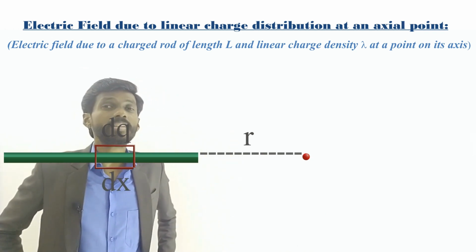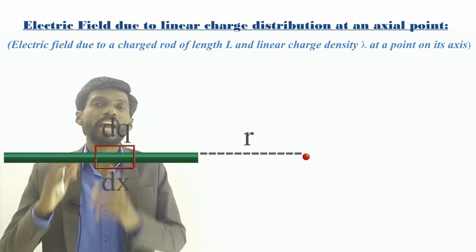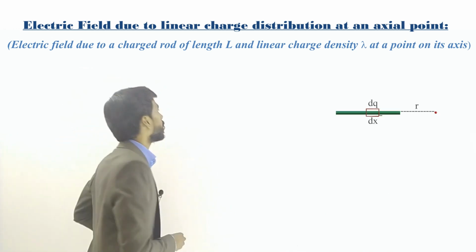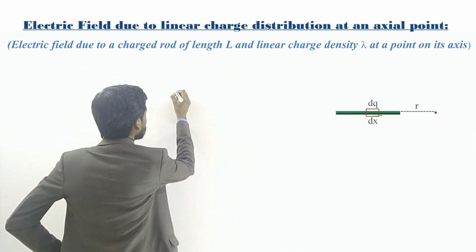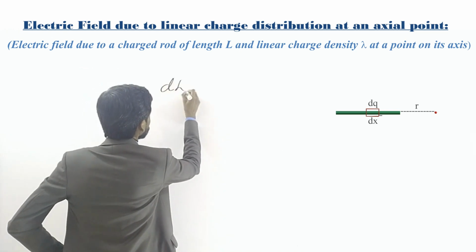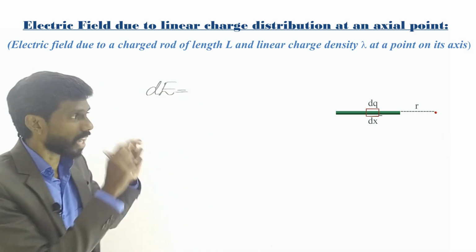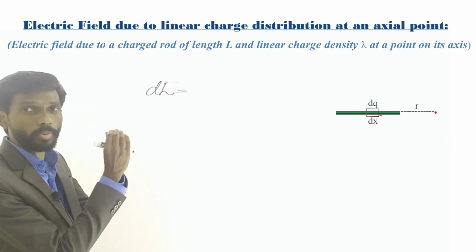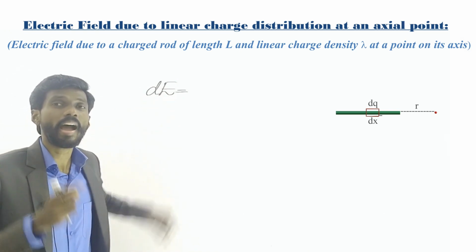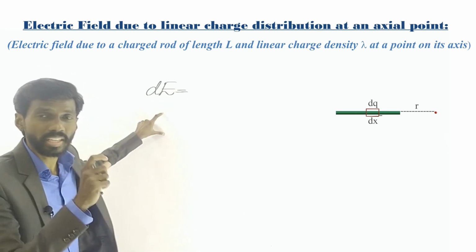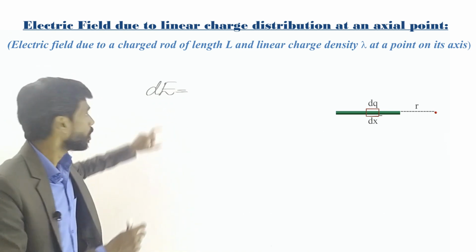Alright, so let us find the electric field due to this small portion having charge dq. Let us find the electric field, and that is denoted by dE. This is the electric field only due to the charge dq, only for the small portion. So that's why we denote this by dE. After integration, we can get the value of E, that is the electric field due to the entire rod. So what is dE?